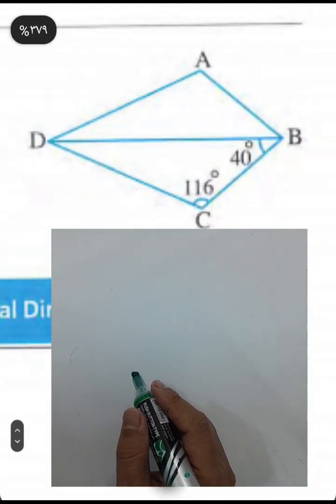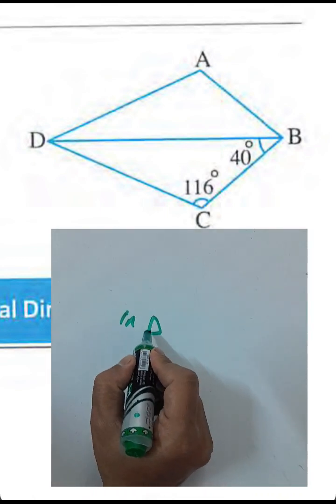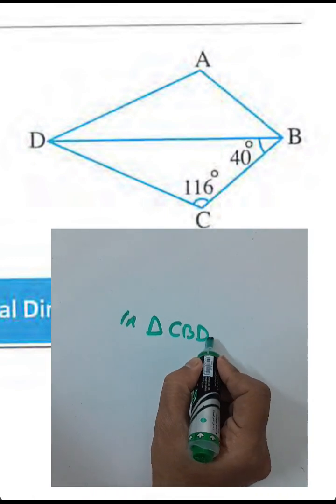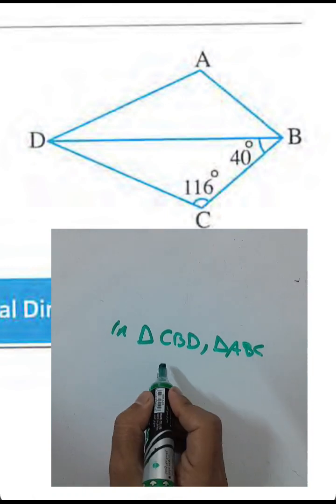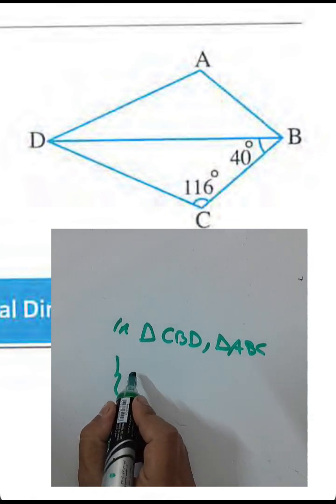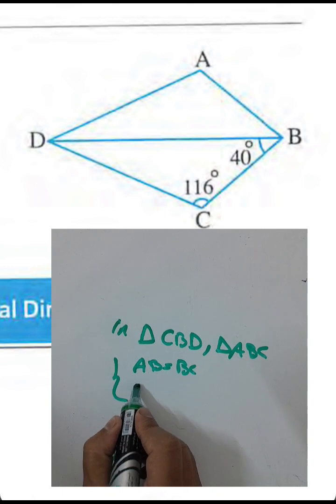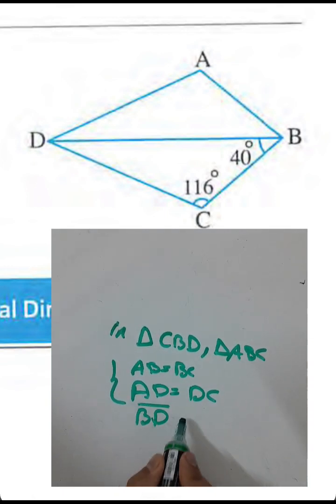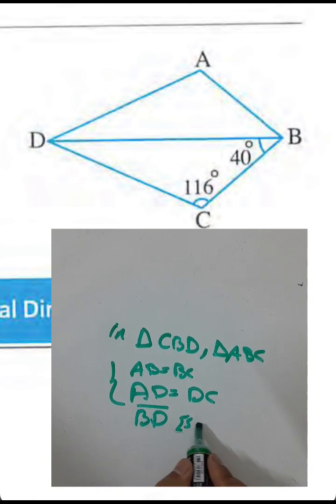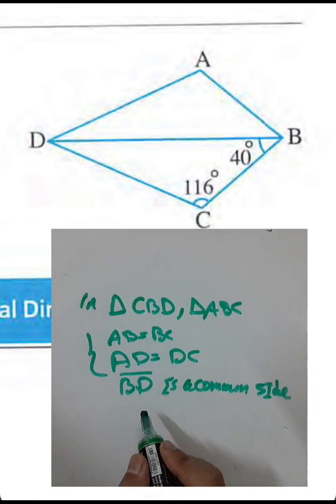The first triangle CBD and another triangle ABD, such that they give us AB equals BC, and AD equals DC, and BD is a common side.